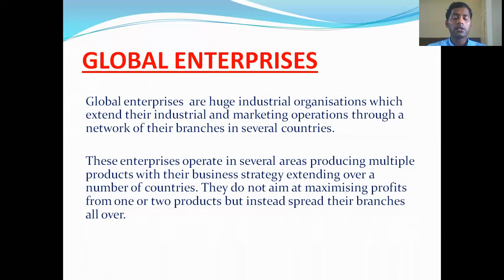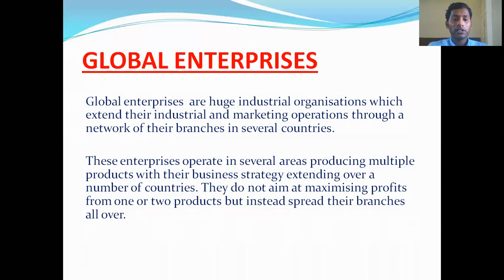They have their own strategy, their own technique. They know how to extend the business, continue it, and place it in the market. They don't aim at maximizing profit from one or two products. Instead, they spread their branches all over.